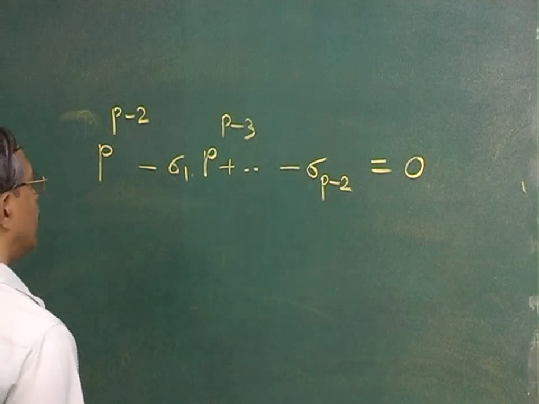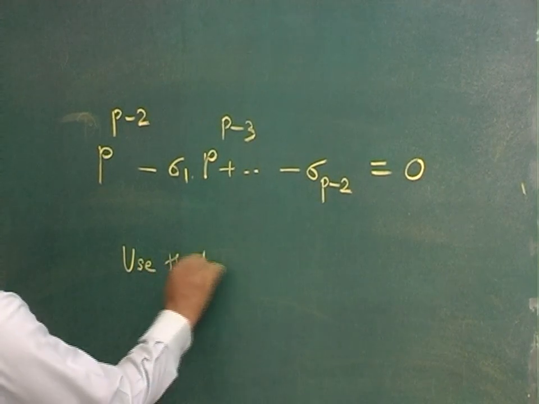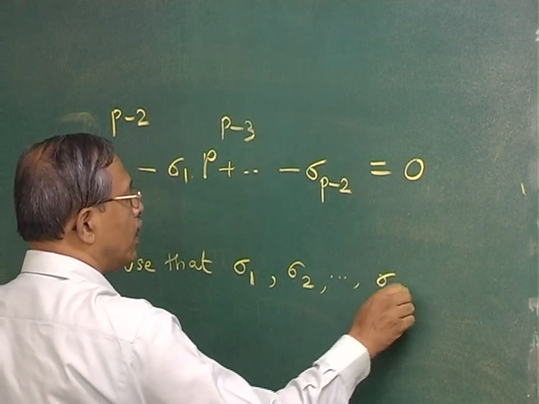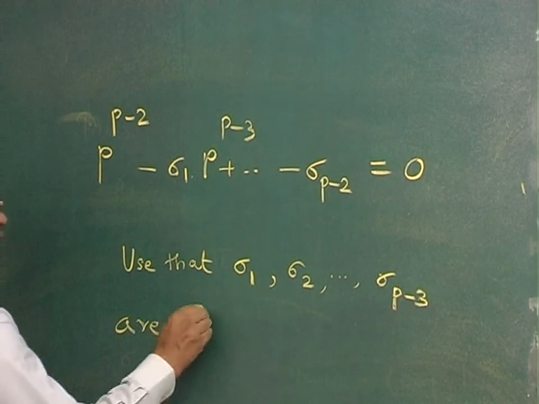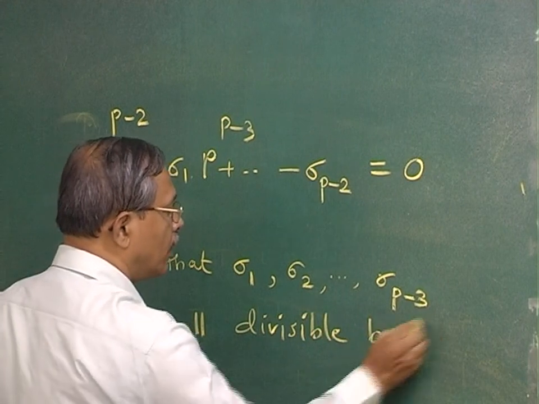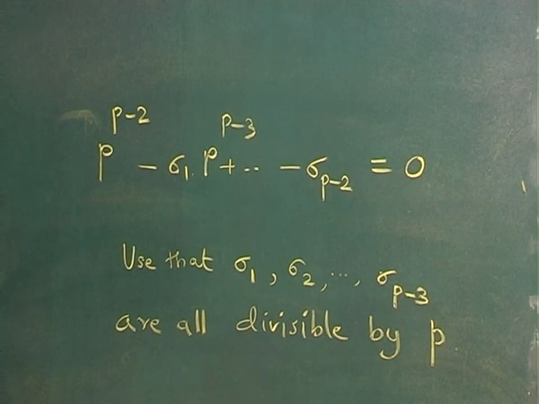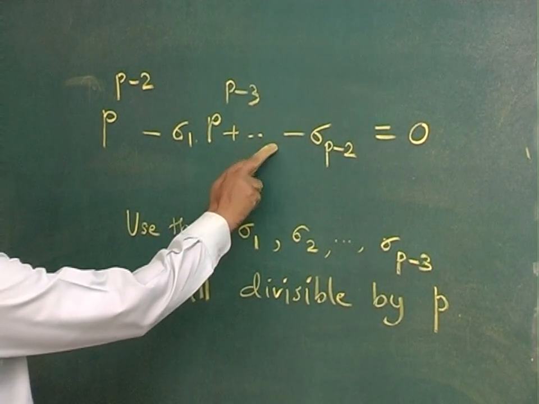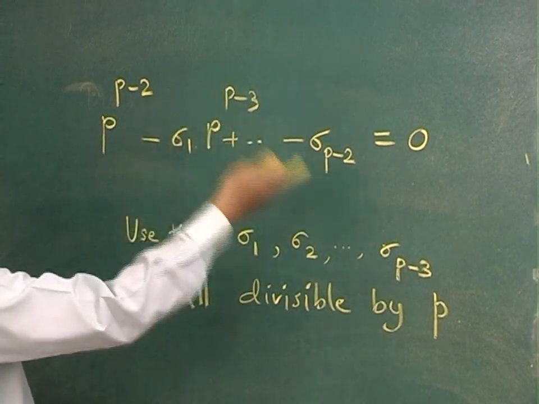Now observe that sigma 1, sigma 2, etc., sigma p minus 3 are all divisible by p. So here sigma p minus 3 has coefficient p. So sigma p minus 3 multiplied by p, the previous term to this, is divisible by p square.